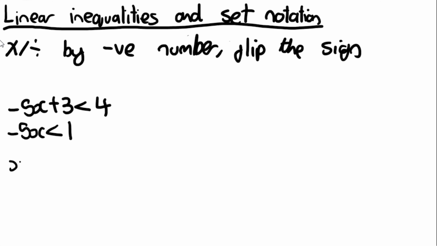So it'd be x, and then the minus 1 over 5 over here, because you're dividing everything by minus 5. But you have to flip the sign. You still include the minus, but you have to flip the sign. And this here is the final answer. For this inequality to be true, x must be bigger than minus 1 over 5.